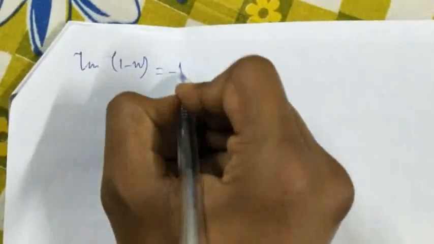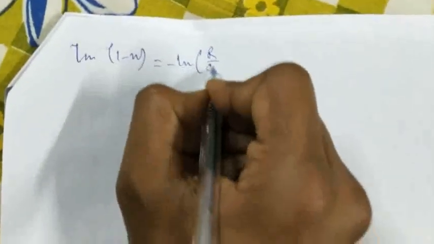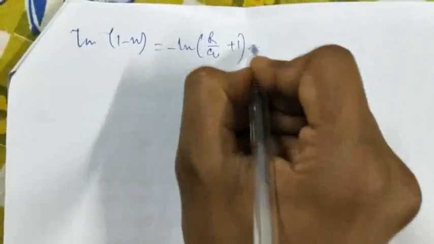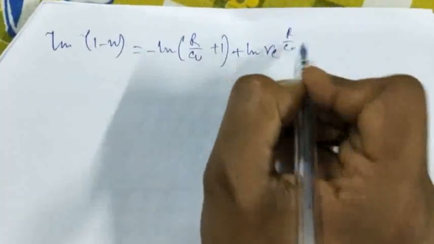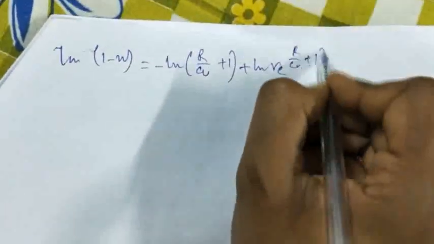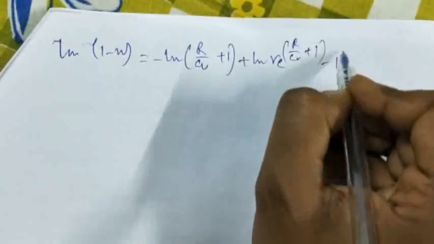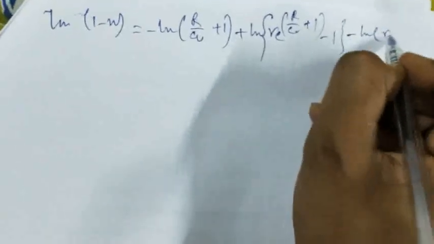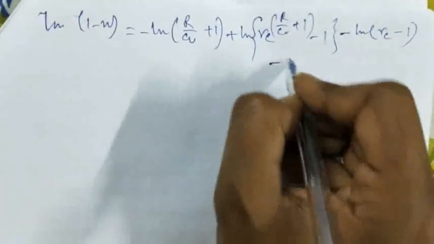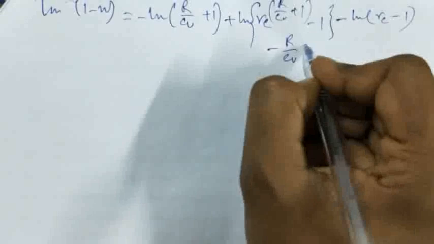Let us write down the equation again: ln of 1 minus efficiency equals minus ln of R by Cv plus 1, plus ln rc to the power R by Cv plus 1 minus 1, minus ln of rc minus 1, minus R by Cv ln r.